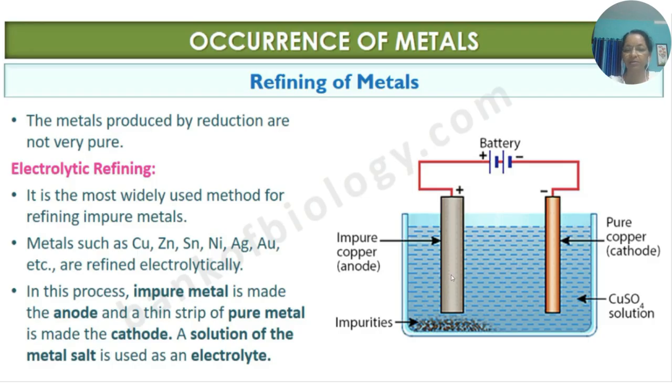After some time, once we pass the electricity through it, the pure metal from the anode moves towards the cathode and gets deposited over the cathode, and the impurities come down and form the anode mud. After electrolysis we can find the anode mud below the anode. So keep in mind: impure metal as the anode, pure thin sheet of metal as the cathode.